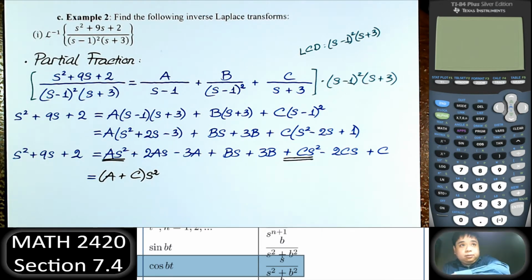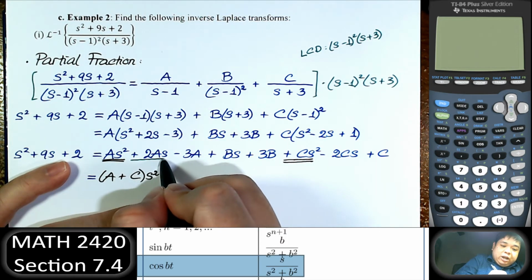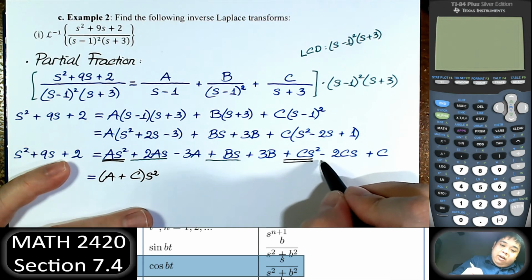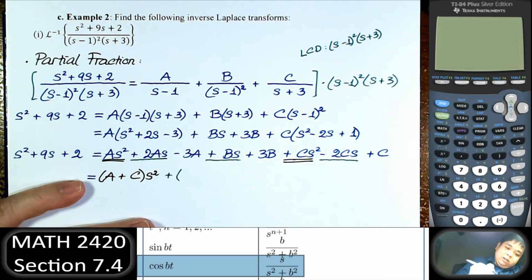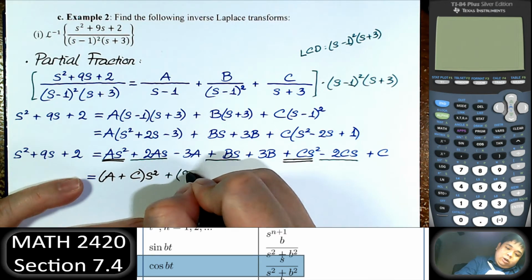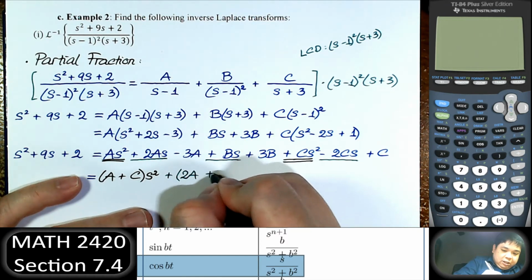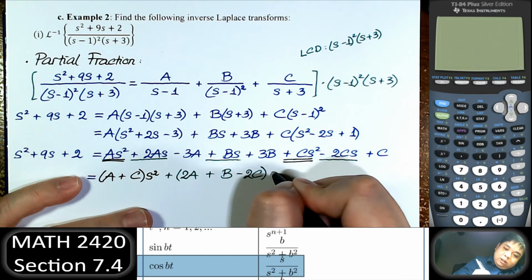Next, the s terms: 2As plus Bs minus 2Cs, so we have (2A plus B minus 2C) s.